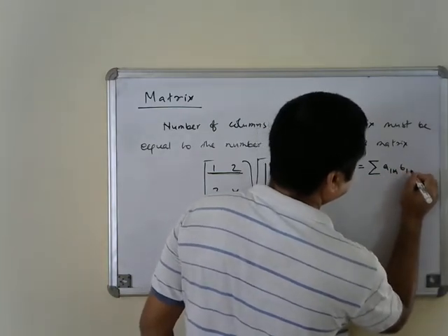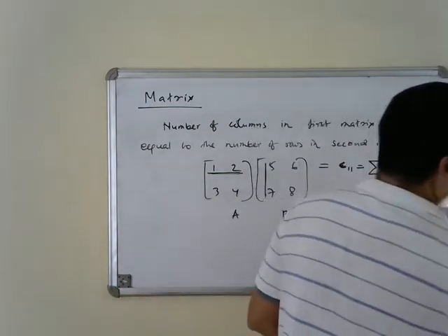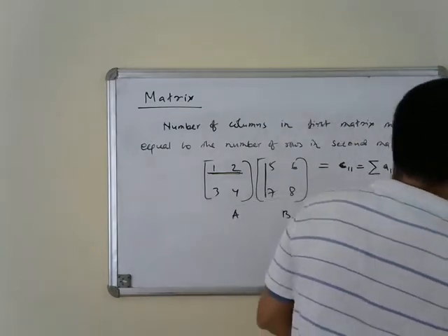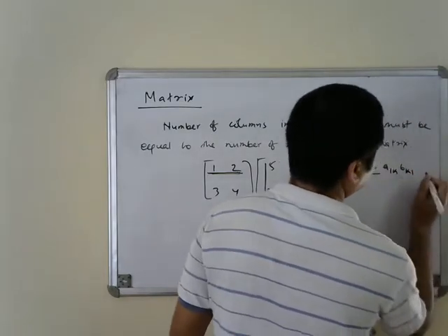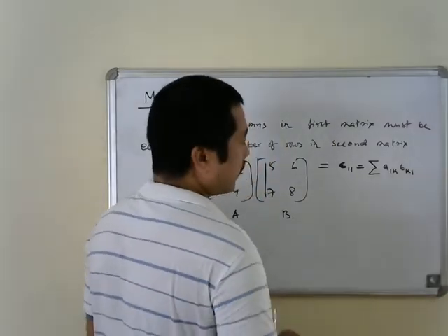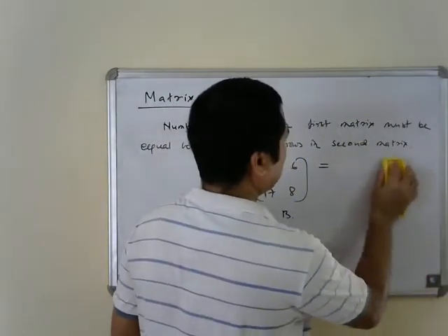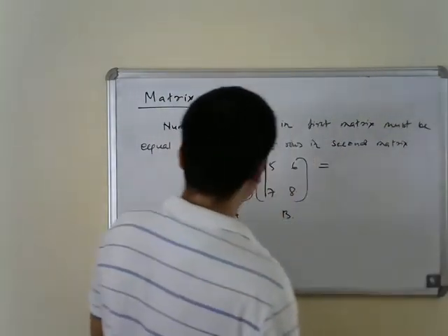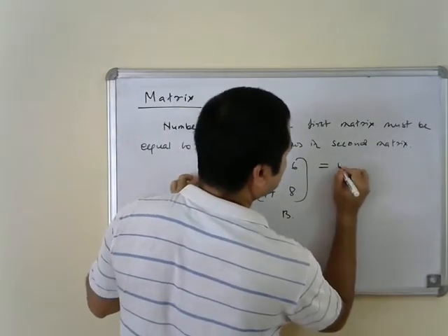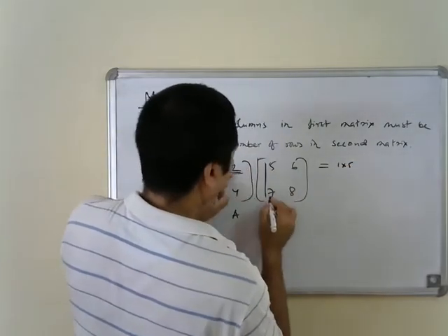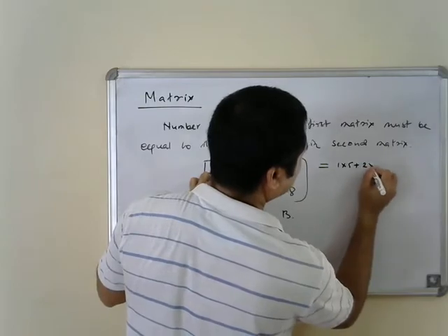That is by multiplying A1k and Bk1. If we do so, that will give us 1 into 5 plus 2 into 7.